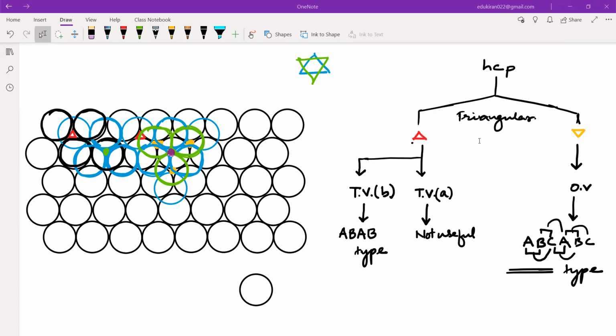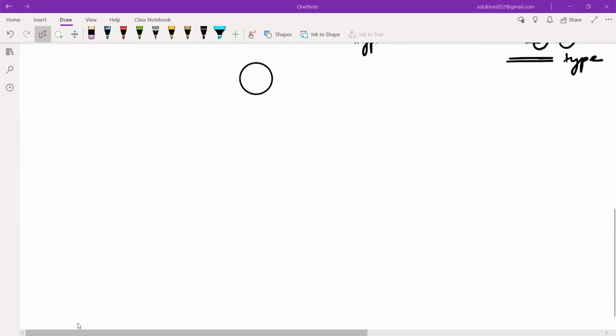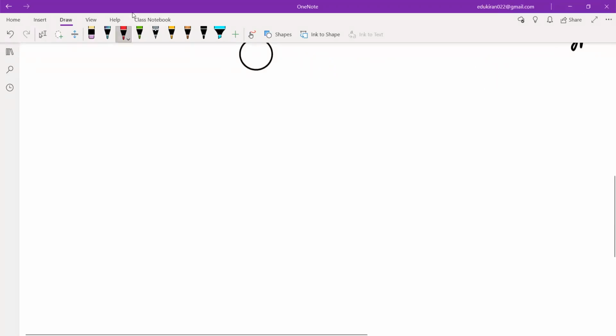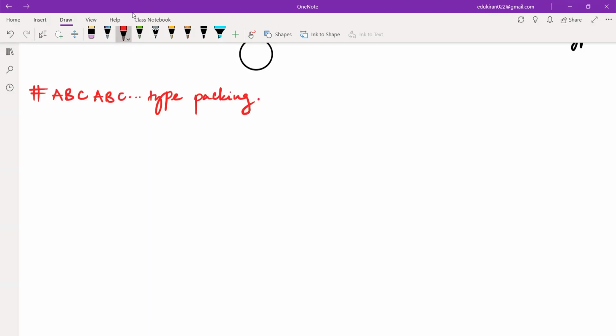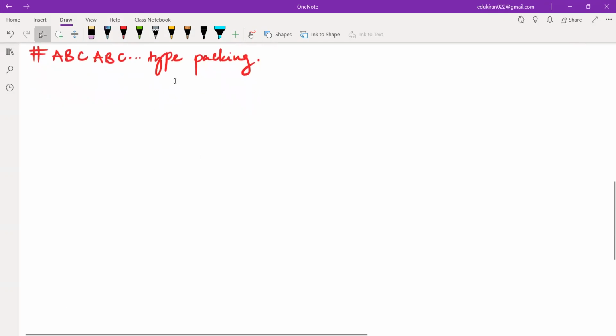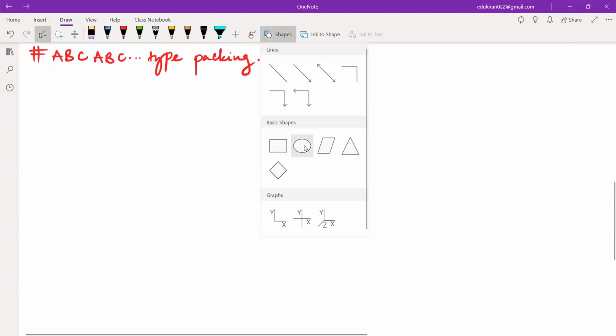Chalo. Now, you guys can lower your hand. Let us try to, first of all, find a unit cell for ABC type of pattern. So for that, what I will do, I will make a few atoms here.